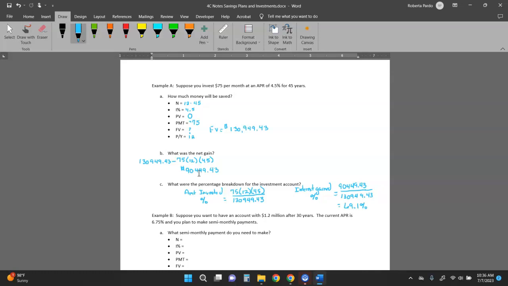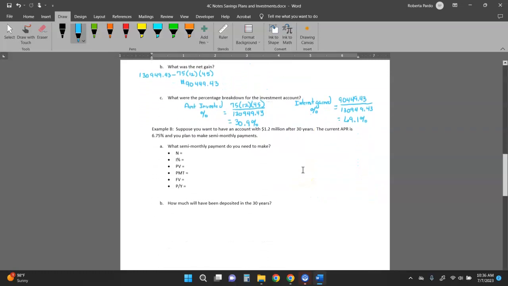So if this is 69.1%, then we have 30.9%. So this is a much better job. This time we're earning a lot more money. So we're earning almost 70% versus investing 30%. So that's much better payoff for us.